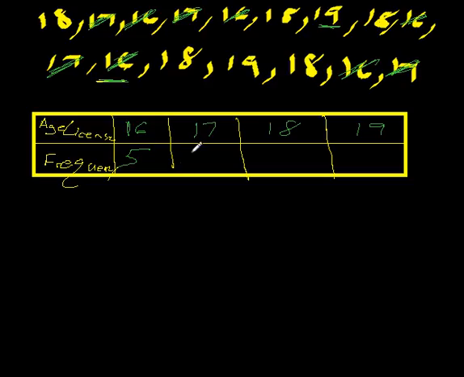So 4. Now 18: 1, 2, 3, 4, and 5. So 5 more people got their license at age 18. And at 19, 1 and 2, so 2 people at 19.